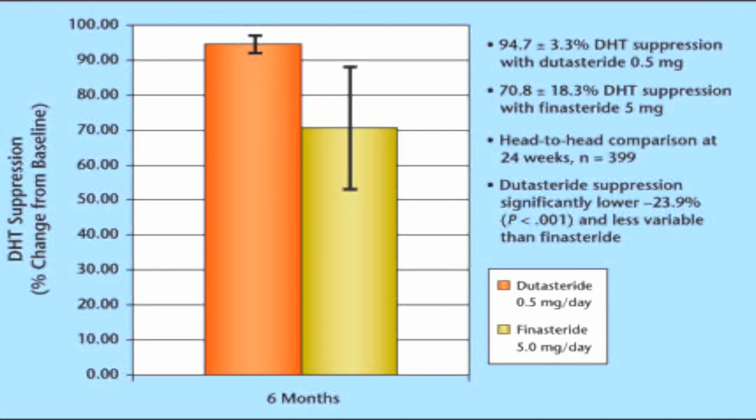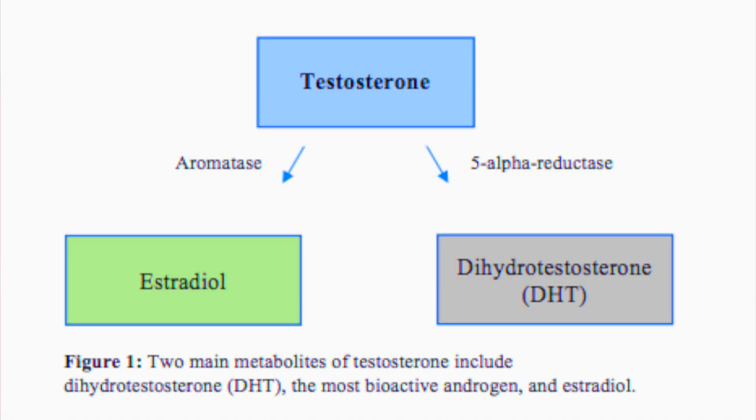I'm going to talk about male pattern baldness or hair loss in another video, but just to touch on it, finasteride wipes out roughly 70% of DHT. When testosterone comes, it is converted into DHT by an enzyme called 5-alpha reductase. So when you take finasteride, it blocks almost 70% of DHT. Dutasteride, another medication, wipes out even more than 90%.